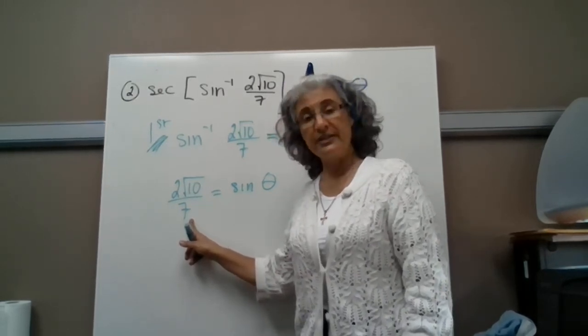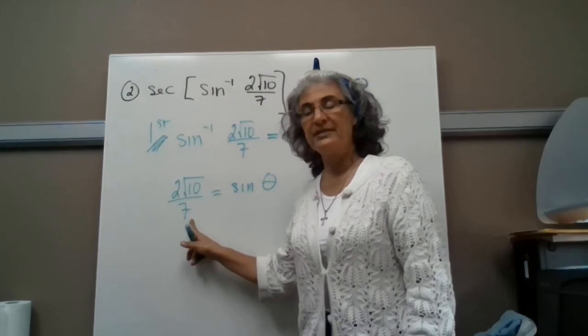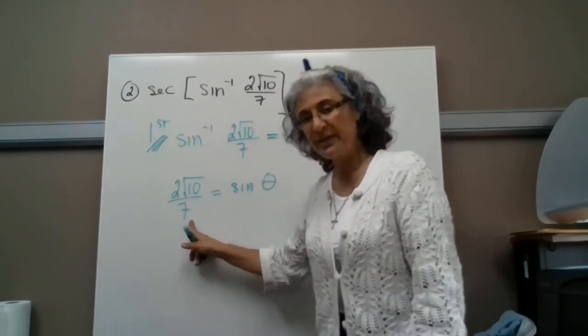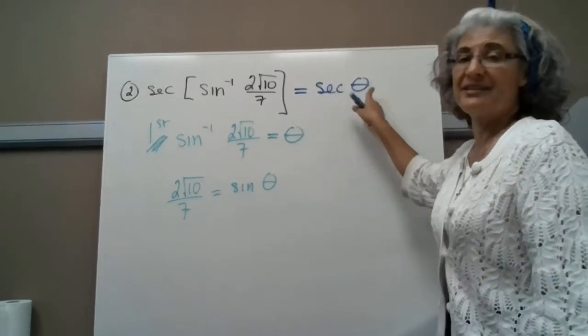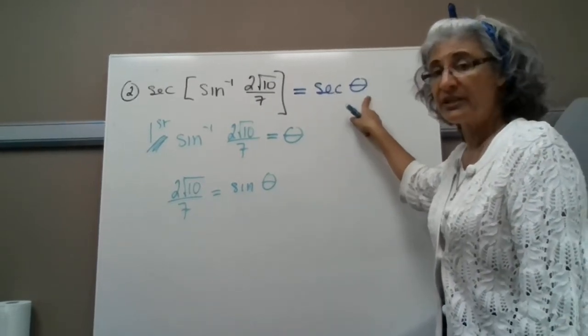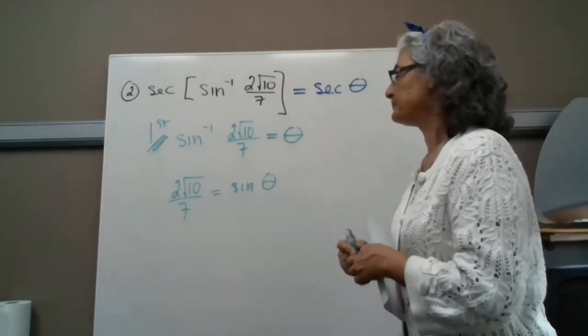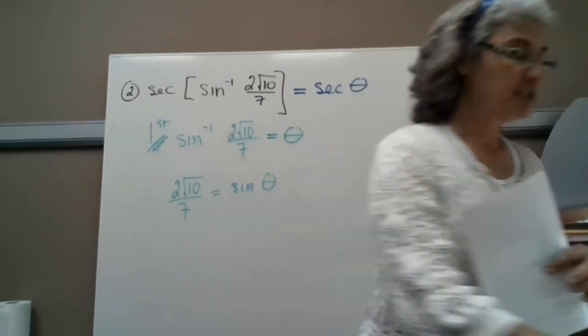So I'm going to draw a triangle. Because here's the thing, I really don't care what theta is. What I really care about finding is the secant of that angle. That's all I really care about finding. So, draw my triangle.